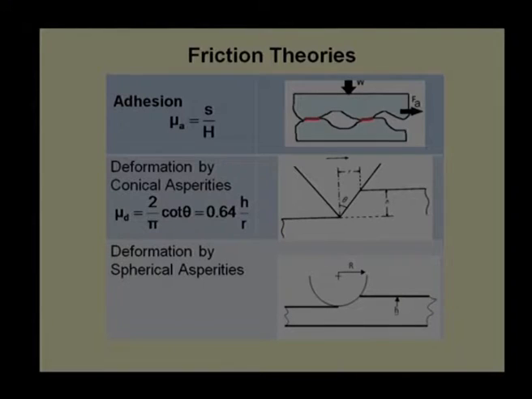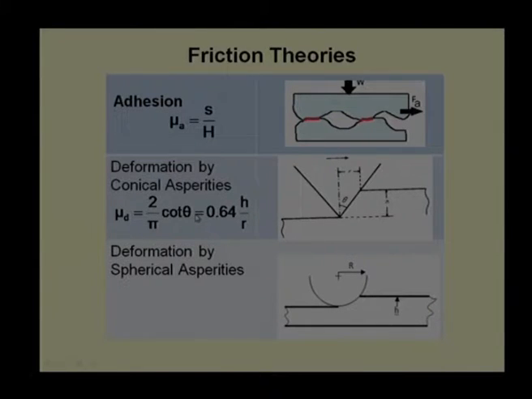Then we developed a mathematical relation for friction by deformation caused by conical asperity, and we develop the relation as 2 by pi into cot theta. It is a very sensitive relation, and here theta is the half angle of the cone.